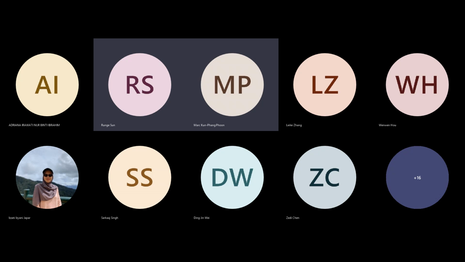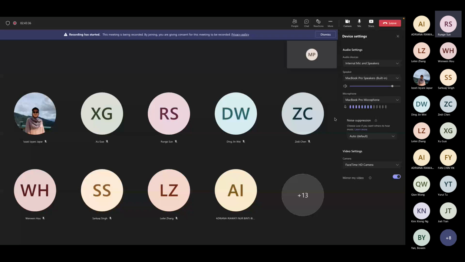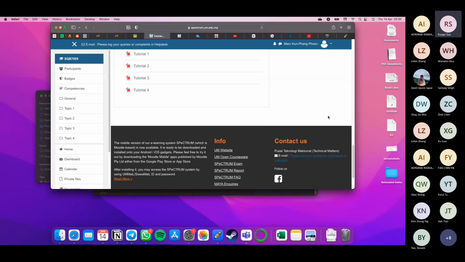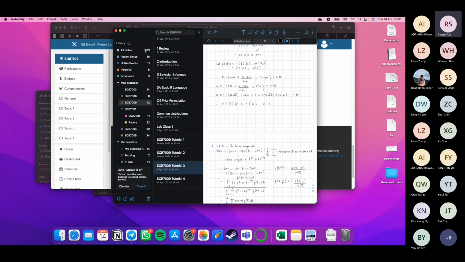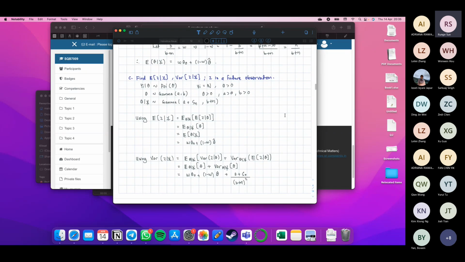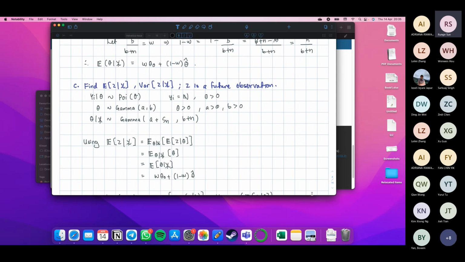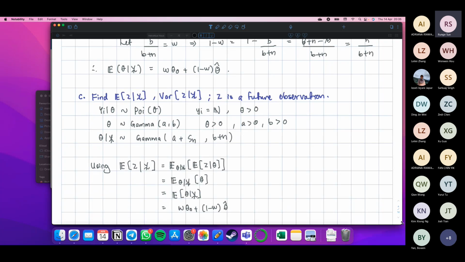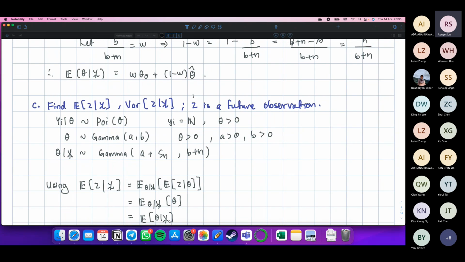Okay, so I will share the screen now. Oops, wrong screen. Okay. Can you see the workings clearly? Can you make it bigger? Yeah, thank you.